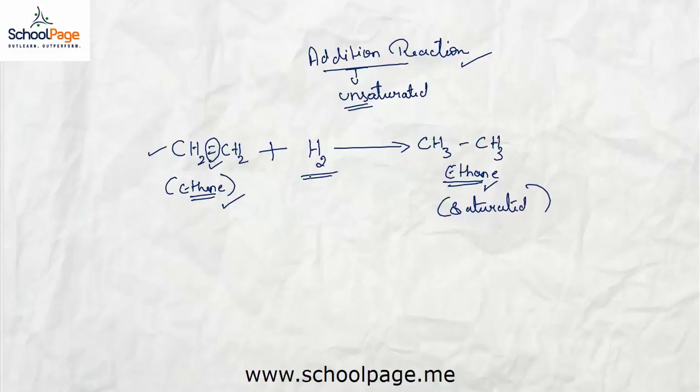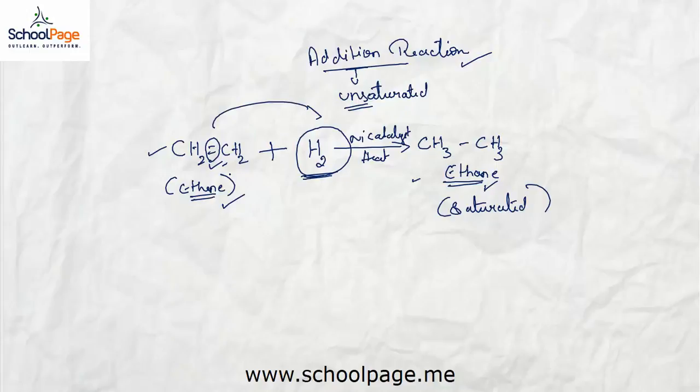Here in this case I am using hydrogen atoms to satisfy the bonds, and hence the product formed is a saturated hydrocarbon, and this whole process needs a catalyst to accelerate it. So here I am using a nickel catalyst. In the presence of nickel catalyst and heat, an unsaturated hydrocarbon is converted to a saturated hydrocarbon.